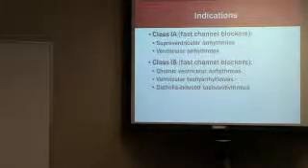Now we'll talk about some indications. When would we use a class 1, 2, 3, 4? That's what we're talking about here. So our class 1A, and you'll notice that some of these may overlap, but supraventricular arrhythmias, ventricular arrhythmias.